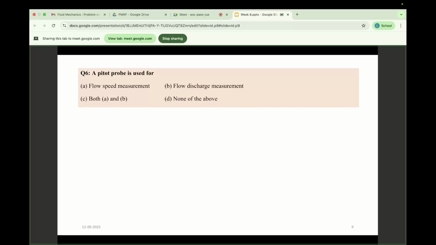So the difference between the two pressures, what is a stagnation pressure and static? Okay. So those two pressures are measured, and the difference between these two pressures is known as dynamic pressure.